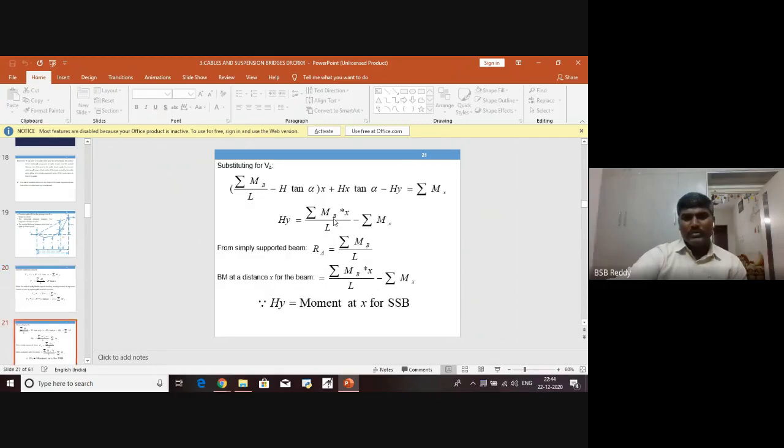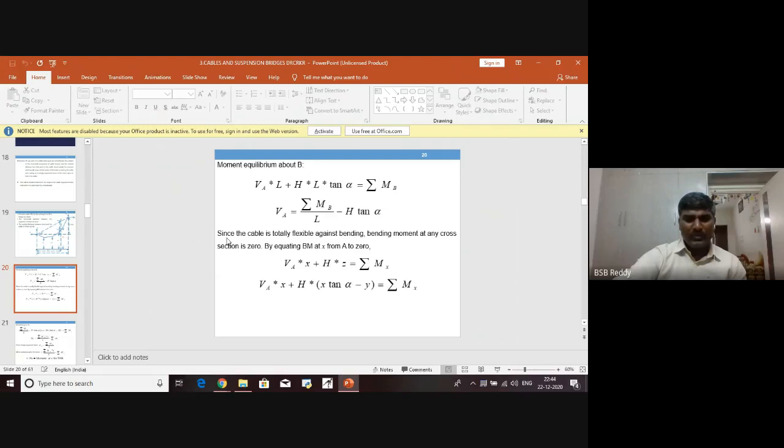See, this is the one we wrote, sigma MB by L into x by L. Moment equilibrium about B is taken. On the right hand side you wrote VA into L plus H into L into tan alpha is equal to sigma MB.